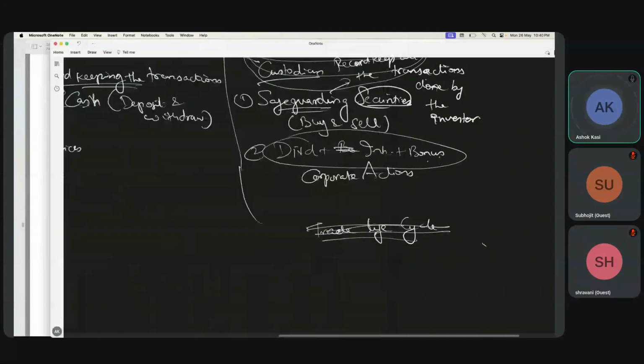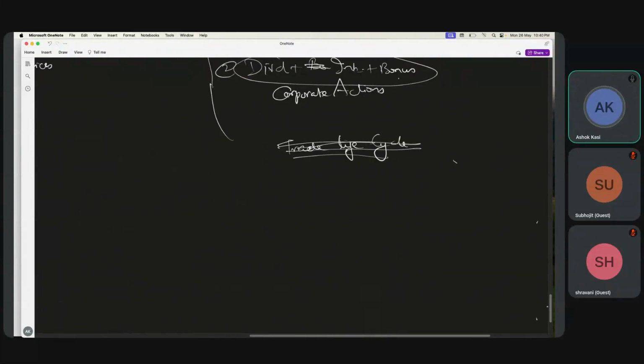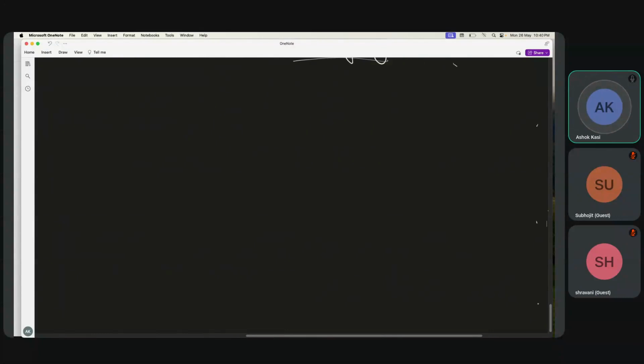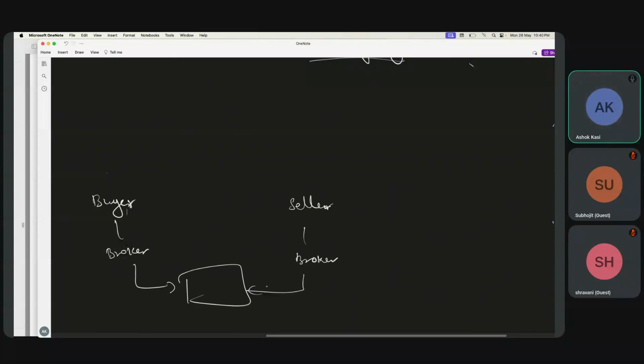Now, what do they do? See, clearinghouses. Shortly I'm explaining. Okay, there is a buyer, there is a seller. Now they are approaching their broker, and then the deal is punched into the system, which is the stock exchange.